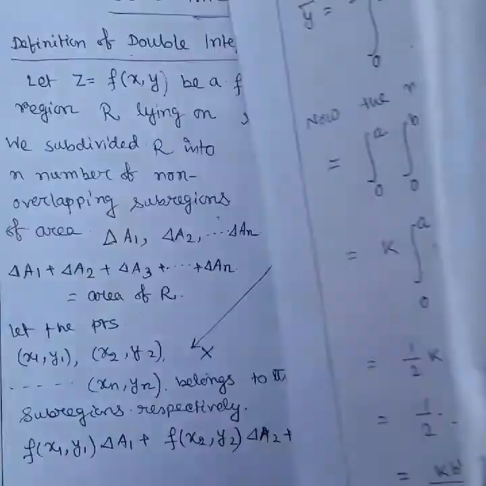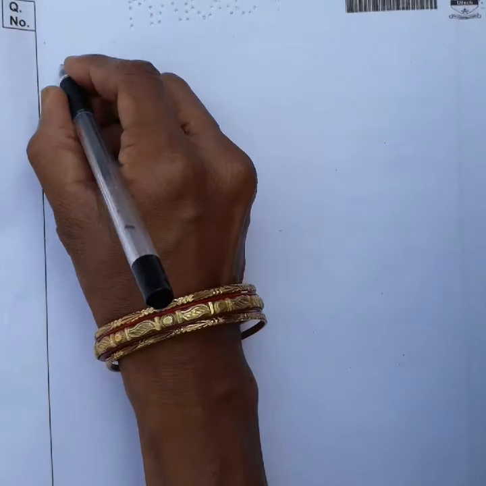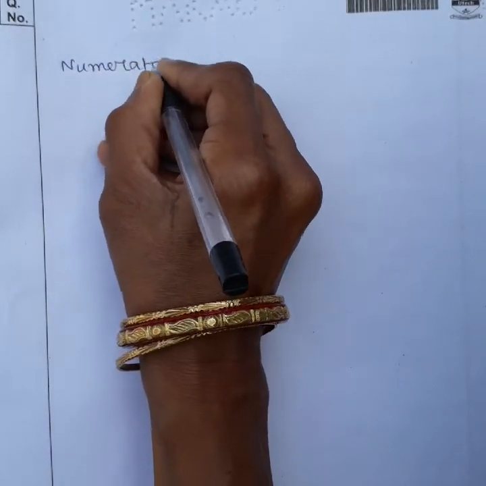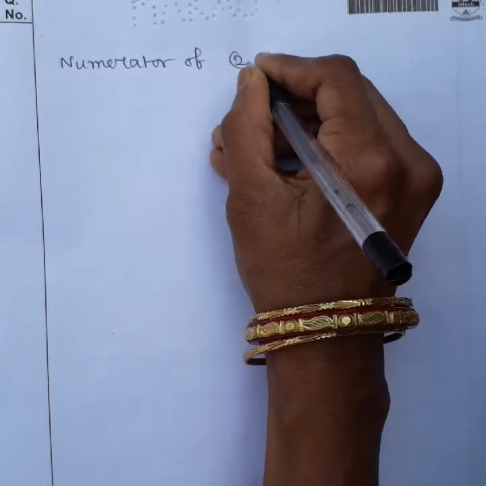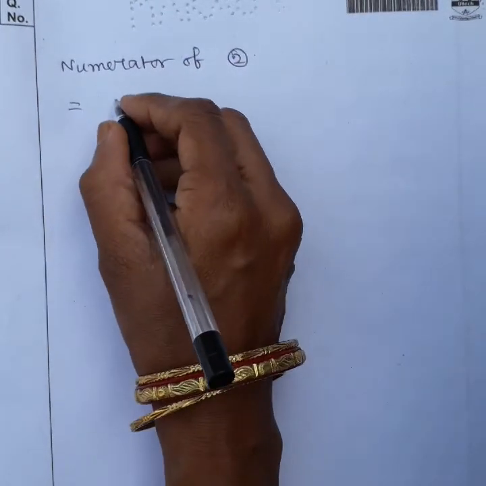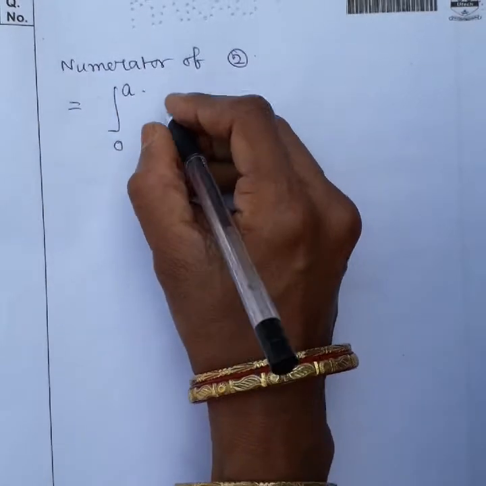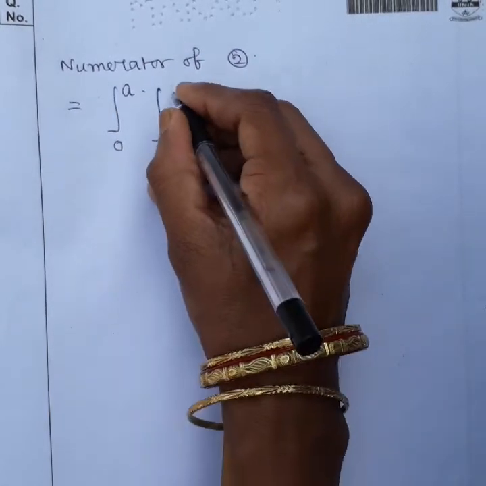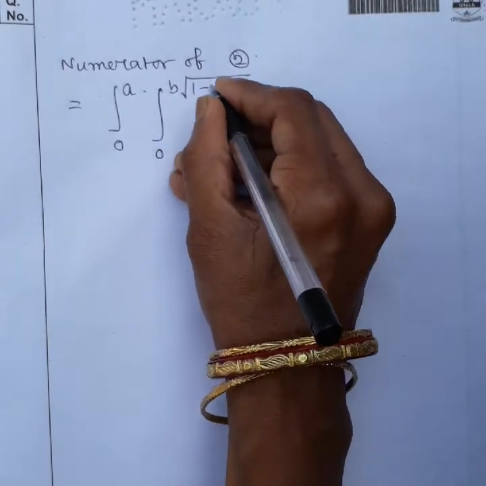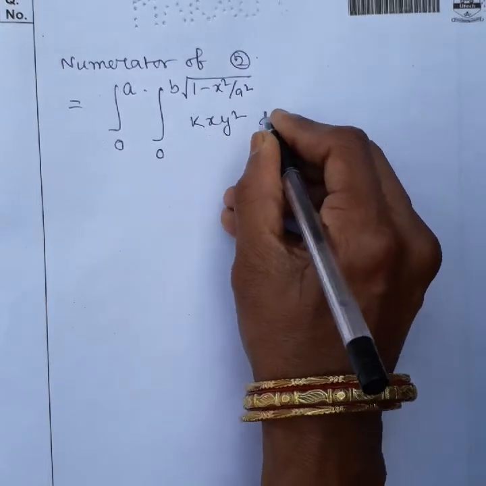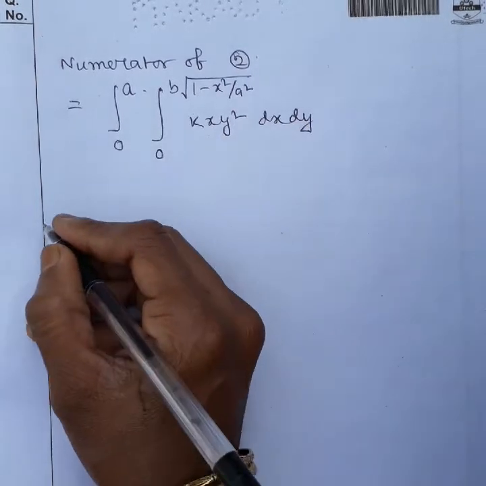Okay, so numerator of 2, which is equals to integration of 0 to a, integration of 0 to b, into root over of 1 minus x square by a square, k into x y square dx dy.